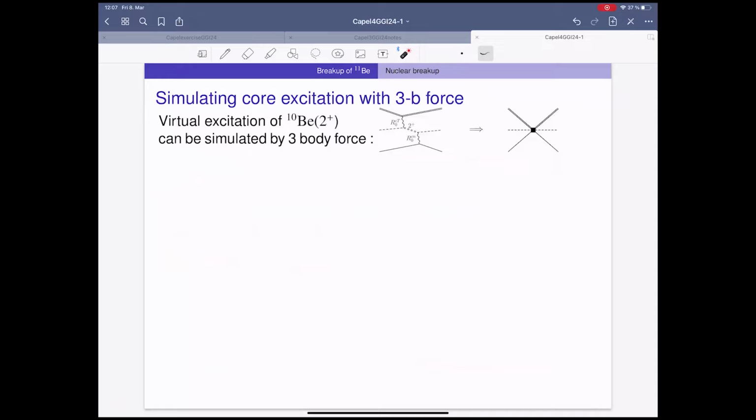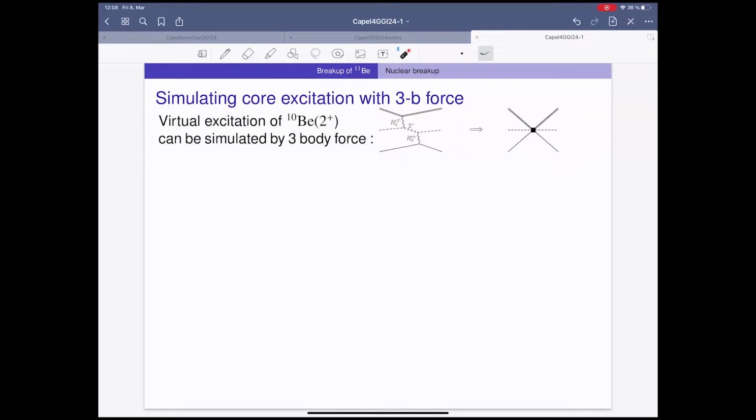So the process is the following. You have, that's your target, that's the core, they exchange something, so the core gets excited in the 2+, and it de-excites through its interaction with the neutron. So this is the carbon target, this is the core, and this is the neutron. And so what happens is exactly what you did for the three-body force in the nucleon sector.